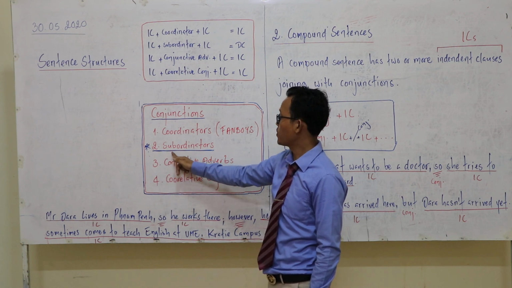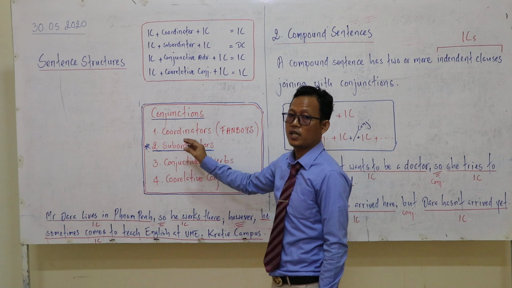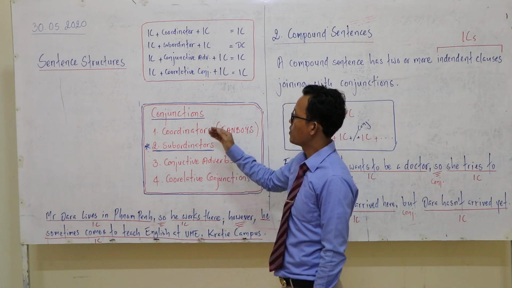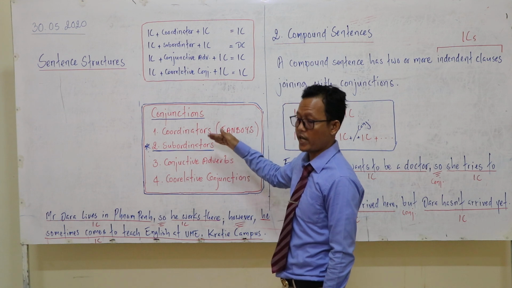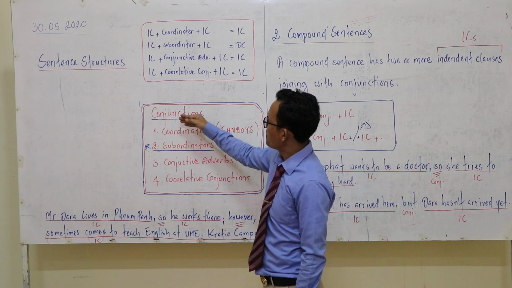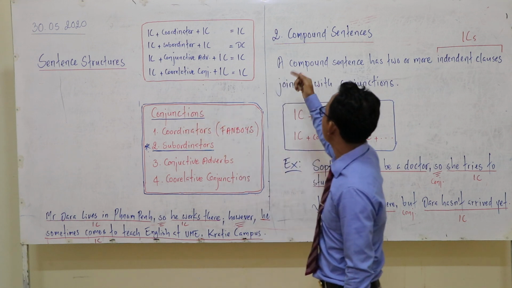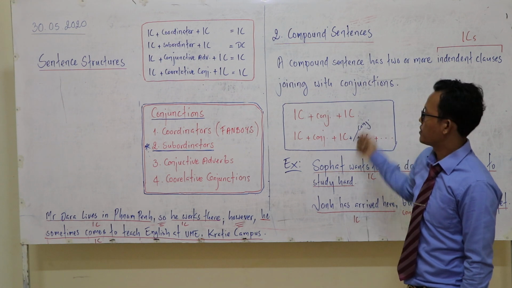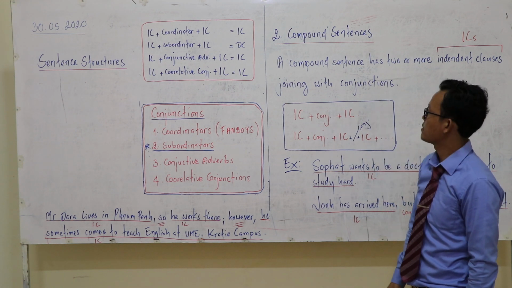If we use number 2, it does not become a compound sentence. It will become a complex sentence. Complex sentences I will tell you about in the next video, but this lesson is only compound sentences.